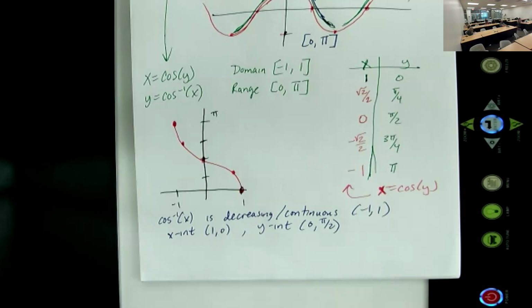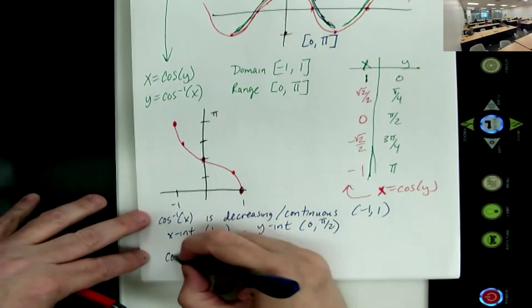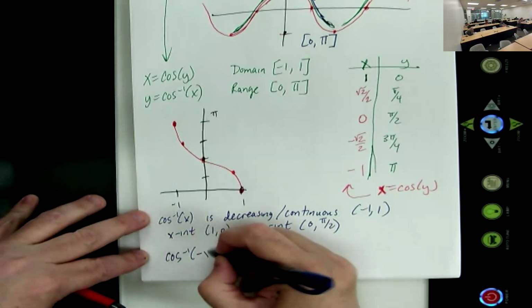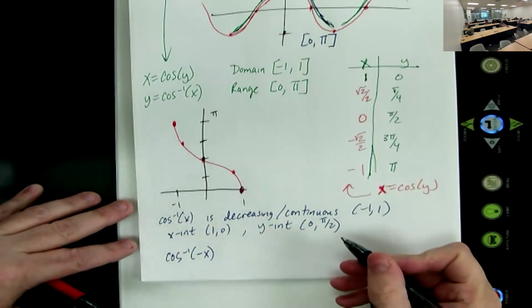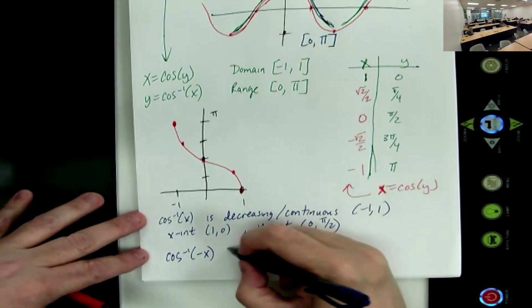And what else did we look at? For sine, we looked at whether it was odd or even. We're increasing and continuous on sine, and we did the intercepts. Cosine inverse, if I stick in negative x, I am off the graph.